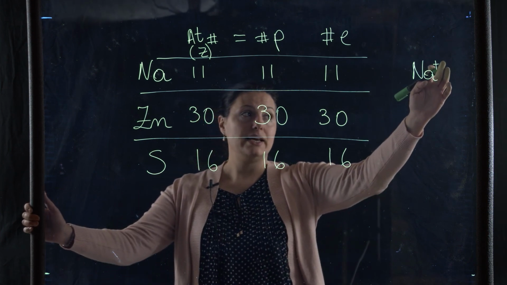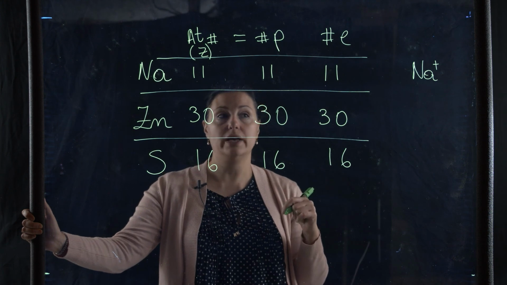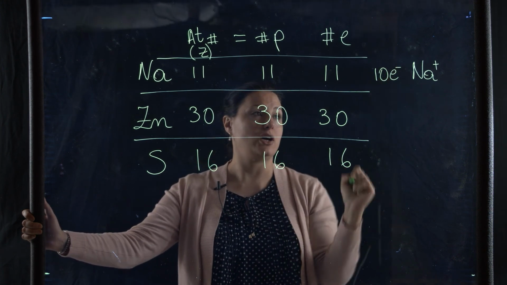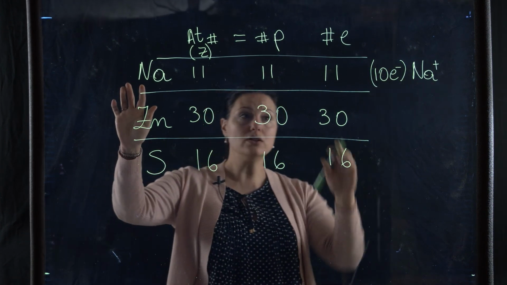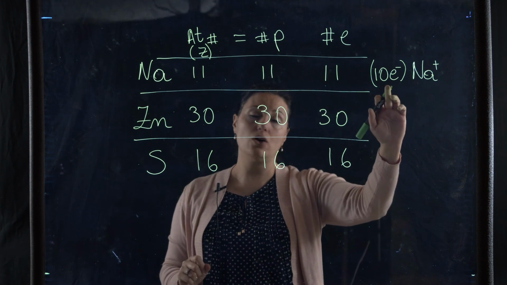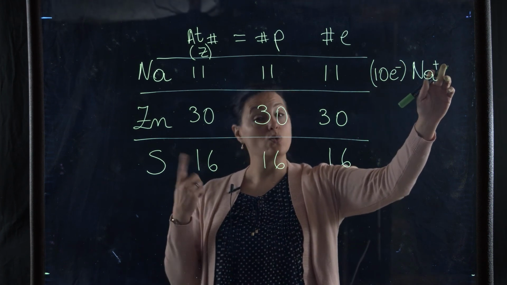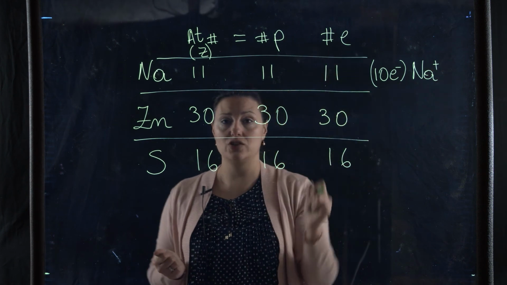The 1 charge tells me that I have 1 more proton than I do electrons. Therefore, the sodium ion will only have 10 electrons. The sodium metal has 11, but the sodium ion only has 10. It has lost 1 electron, and now it has 1 more proton than it does electrons.